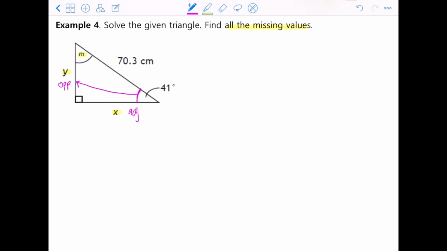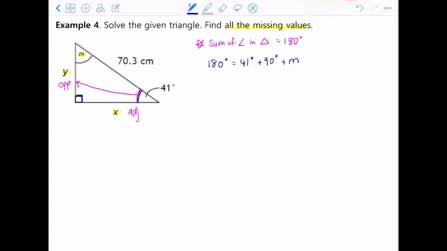Right, so the first thing I would like to do is recall the sum of interior angles in a triangle. The sum of angles in a triangle equals 180 degrees. And we're going to use this in order for us to solve for m first. So let's say there's 180 degrees, and the sum is 41 degrees, this angle here, and that right angle here is 90 degrees, and the missing angle is m.